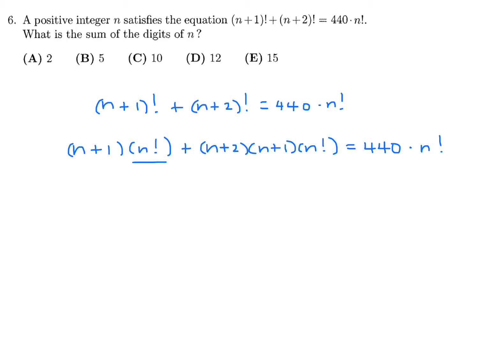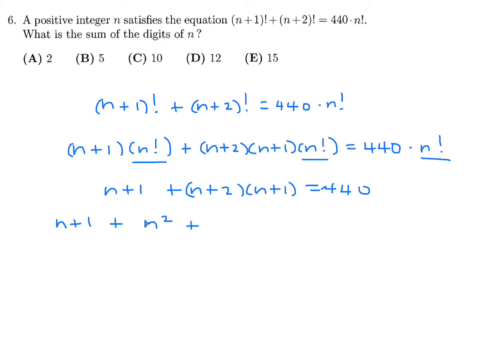The good news is the n factorial cancels from all, so all we're left with is n plus 1 plus (n plus 2) times (n plus 1) equals 440. Now let's expand this. We get n squared plus 3n plus 2, plus n plus 1, equals 440.